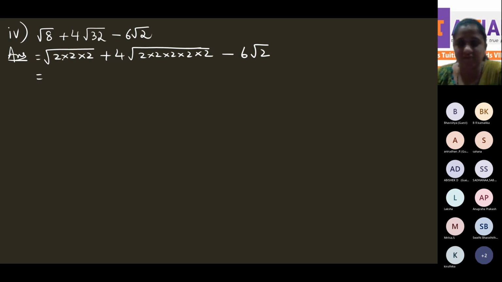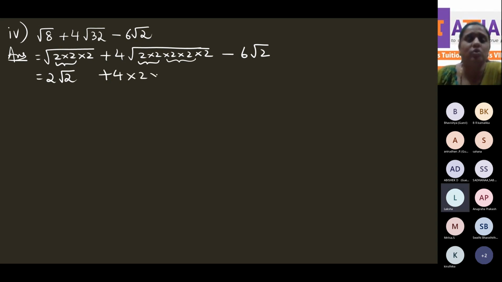You know the answer correctly, but you're not expressing it correctly. It's 2 root 2. From 2 2's, one 2 comes out of the square root and the other 2 remains under the square root. Correct. Next, plus 4 into 4 because 2 2's come out of the square root and root 2, minus 6 root 2.